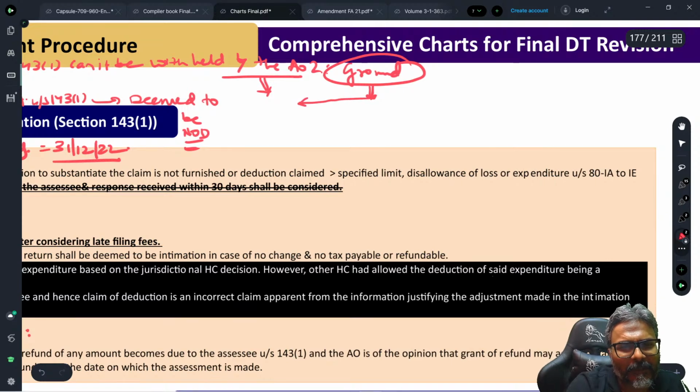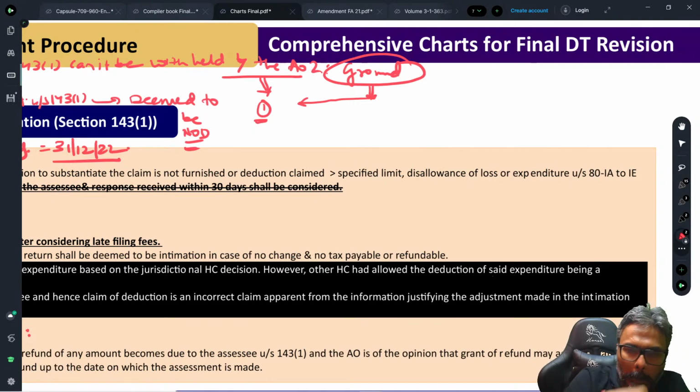And what is the ground? Number one, the first and foremost ground in this regard is the fact that the assessing officer, may I write like this, students?